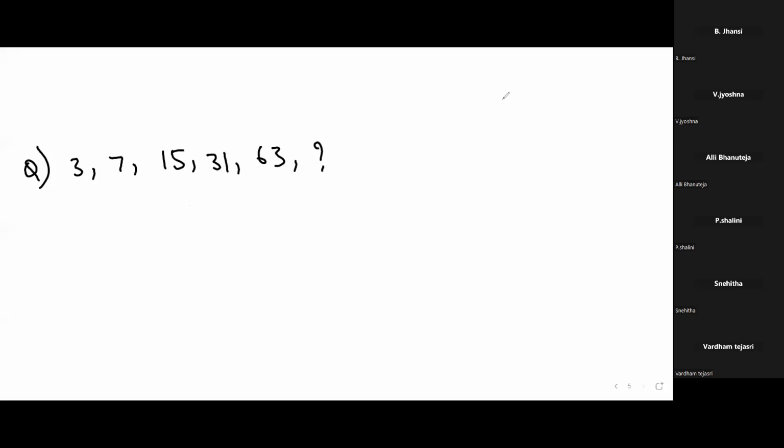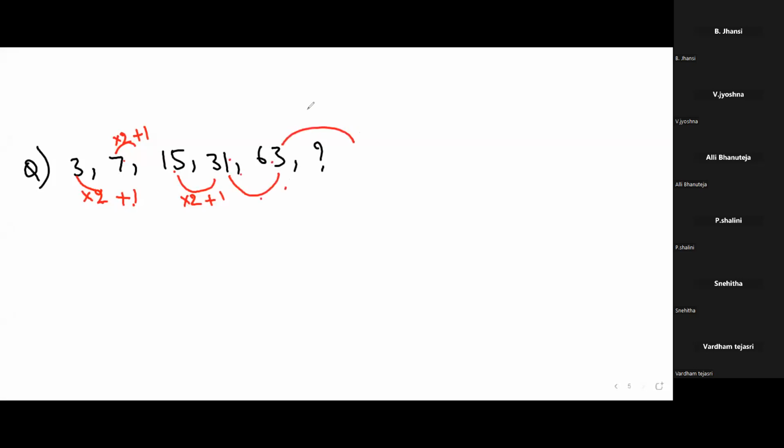So here, what is the sequence that is followed? It is into 2 plus 1. So 3 into 2, 6 plus 1, 7. Then again, you can see 7 into 2, 14 plus 1 is 15. 15 into 2, 30 plus 1 is 31. 31 into 2, 62 plus 1 is 63.